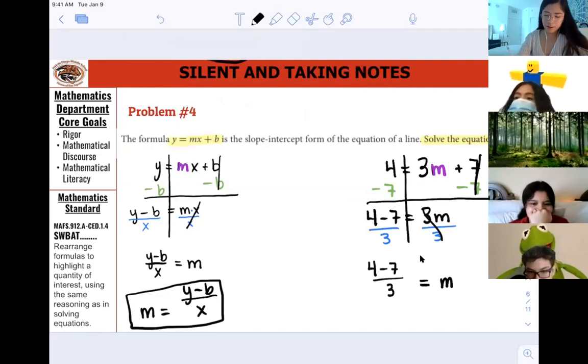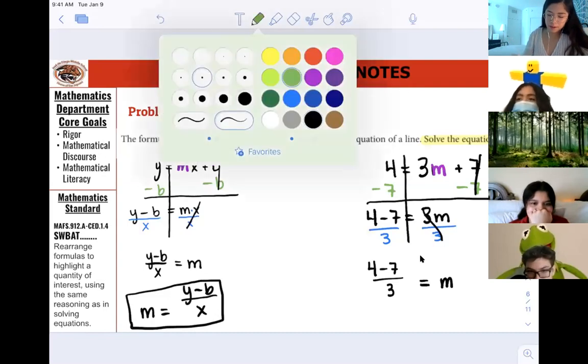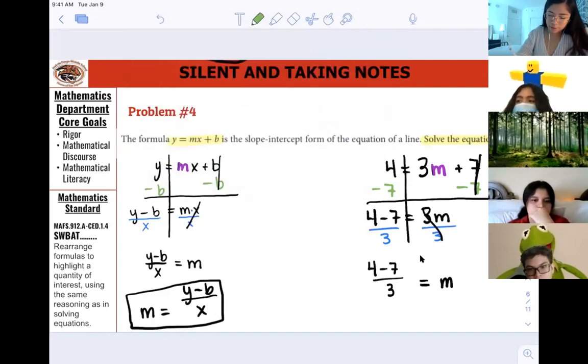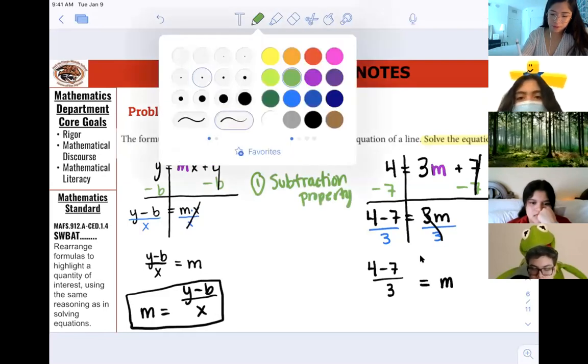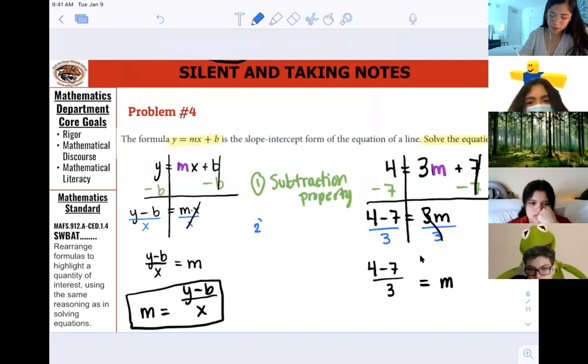Okay, so notice how right now, in step 1, for both of these, it was the same thing. I did the subtraction property. For step 2, same thing. I did the division property.